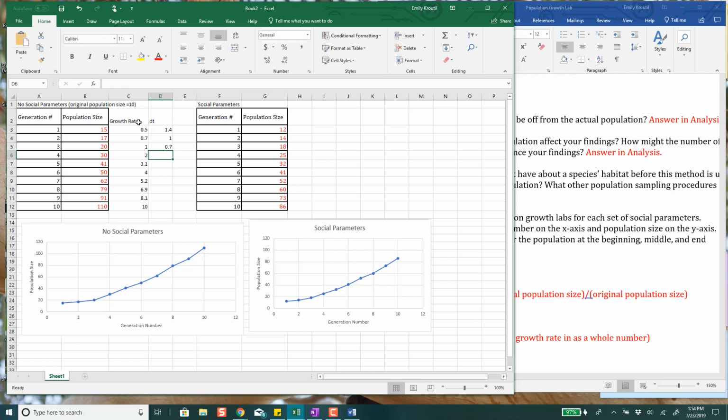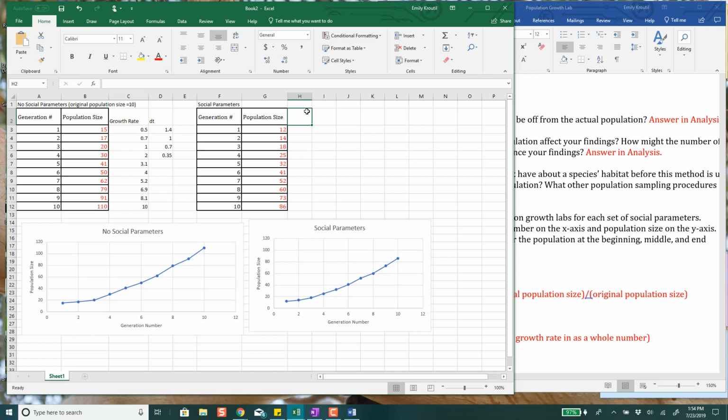Okay, less than one generation. And you can see in a third of a generation, it's going to start getting really, really big. That's because this is exponential growth, and so it's growing really, really fast.